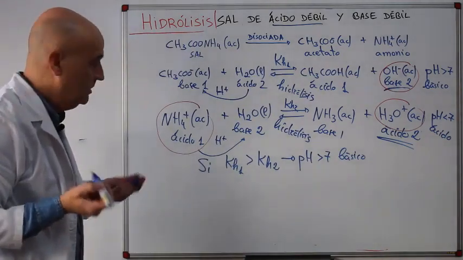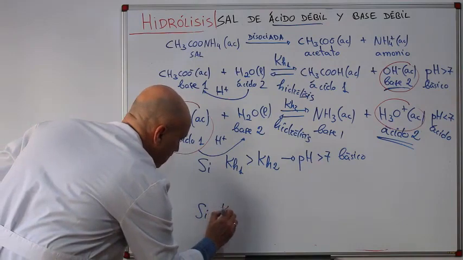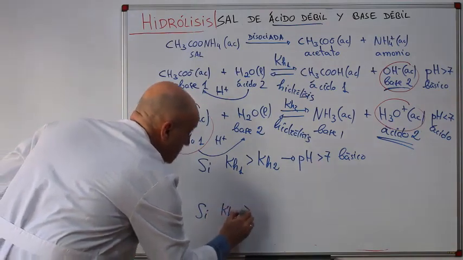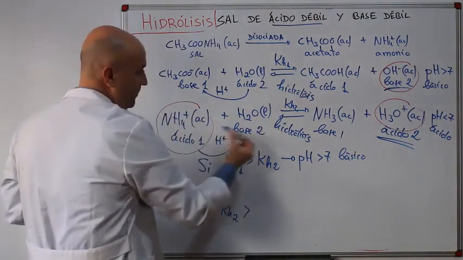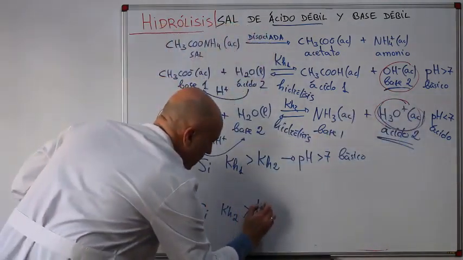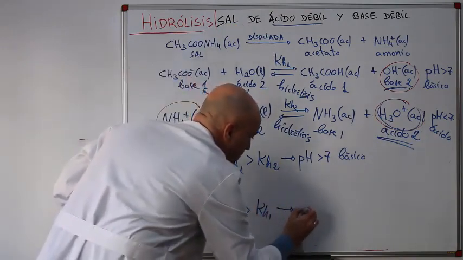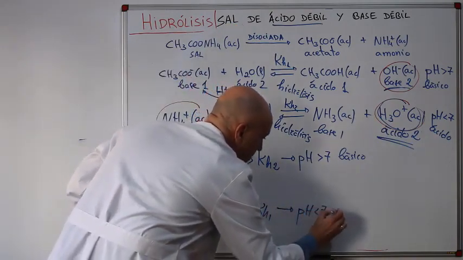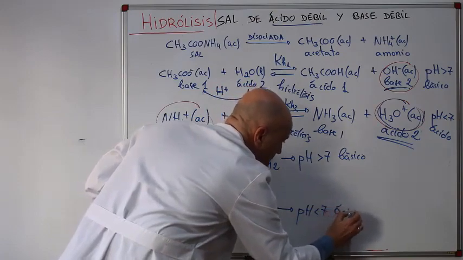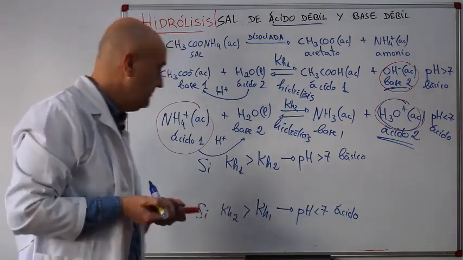The same if the opposite happens. If number 2, the hydrolysis constant of ammonium, wins, if it beats hydrolysis constant number 1, then the pH will be less than 7 and I'll have an acidic pH. Then I have to compare the two hydrolysis constants.